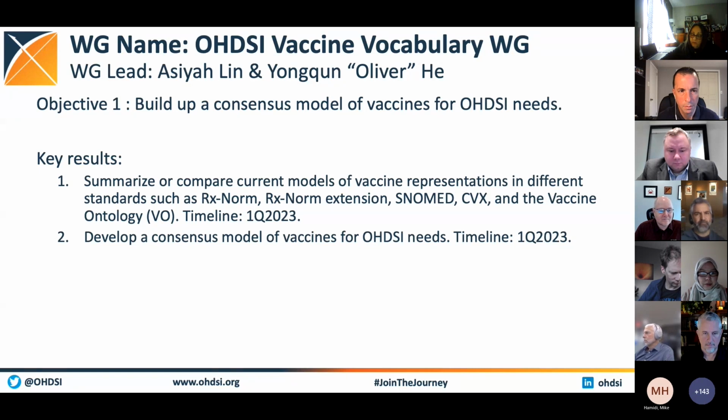The key result will be that by the first quarter of this year, we should be coming up with a comparison of the current models such as ARCS-norm, extensions, SNOMED, CVX, and the vaccine ontology. And then on that, we should be able to develop a consensus model with the current group.